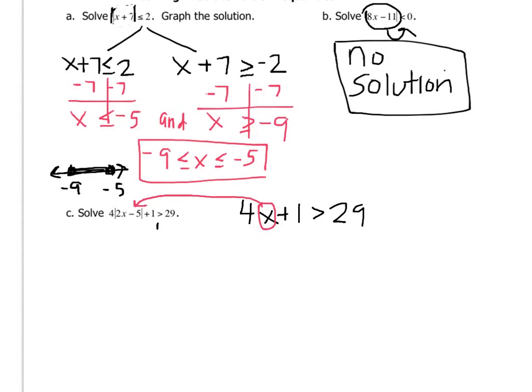So I can't touch that 2x minus 5. I can't split it up like I've done in the past until the 1 goes away and the 4 goes away. So I got 4 times absolute value is greater than 28. I still can't touch the absolute value until I get rid of the 4.